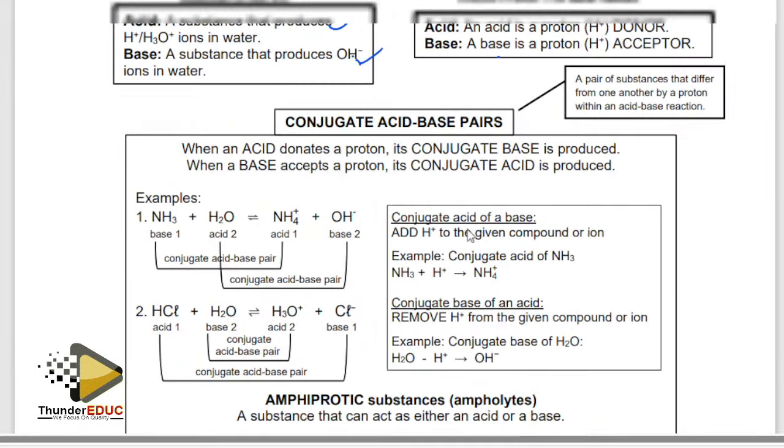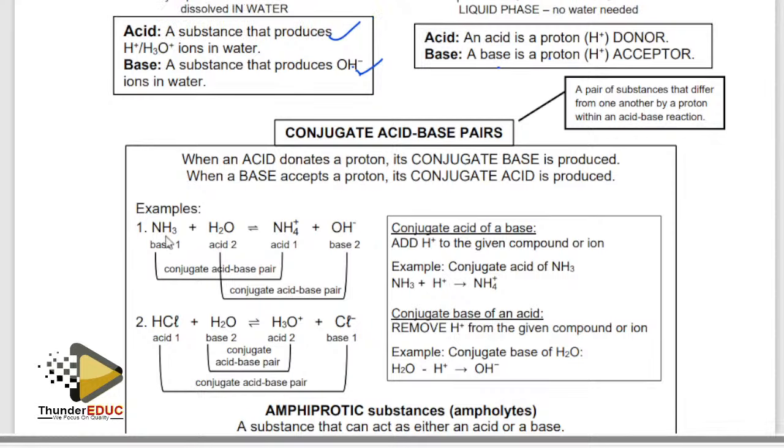Conjugate acid-base pairs, this one is simple. If you identify one side, if you identify the acid, then the other one is going to be a base. What received the hydrogen ion is going to be the acid on the other side, because it is supposed to release it. So for example, the hydrogen ion from here is going to be taken to this, so therefore this one becomes the acid, and this one becomes the base.